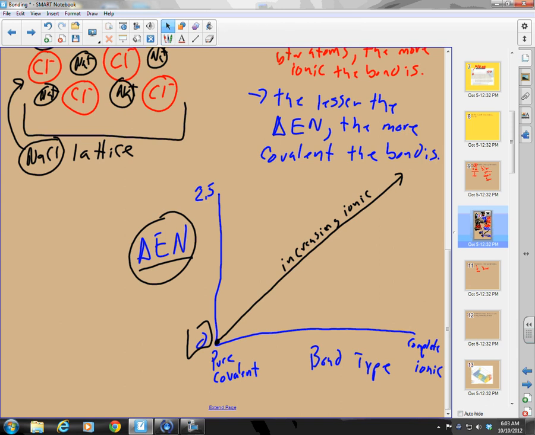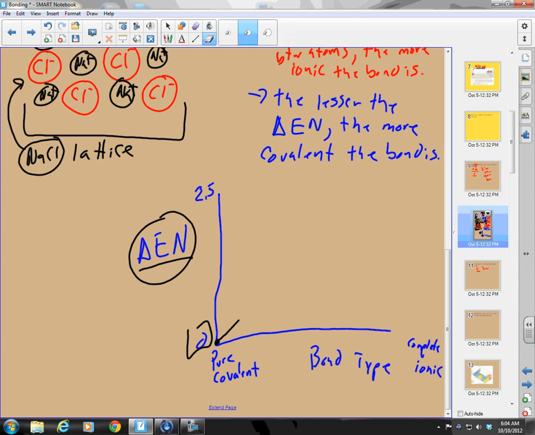Good, but I can also look at this a different way. When I'm at 0, what is my percent ionic? We say it's 0% ionic. Oh, I'm completely confused. This is a mess.